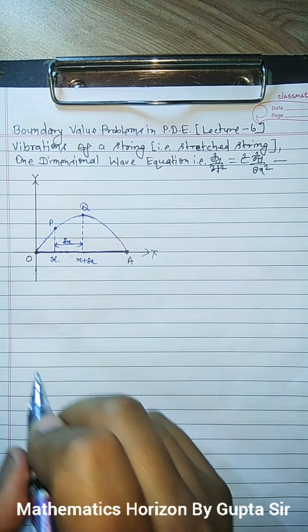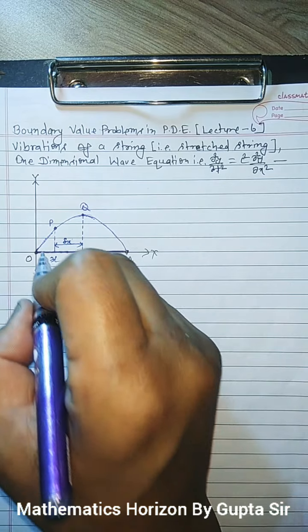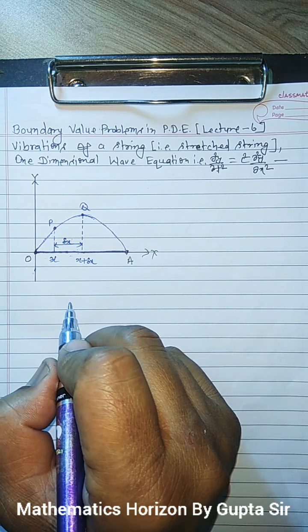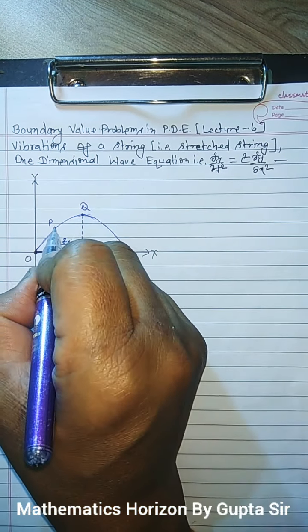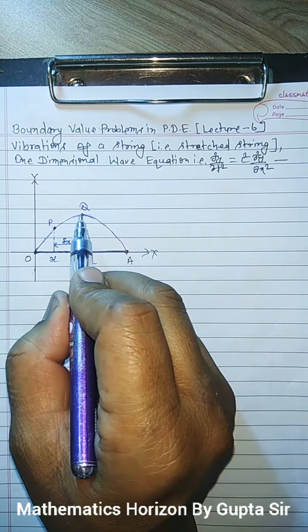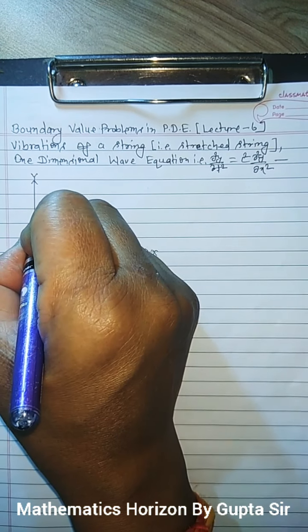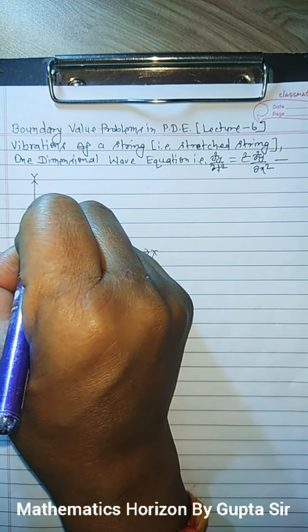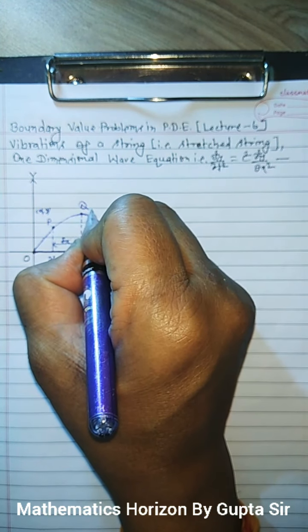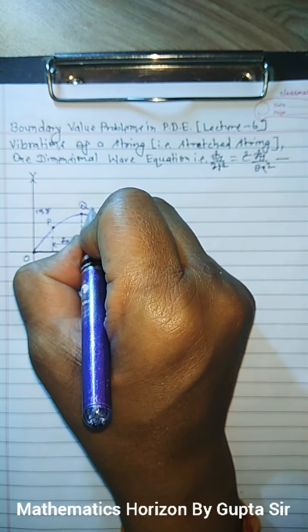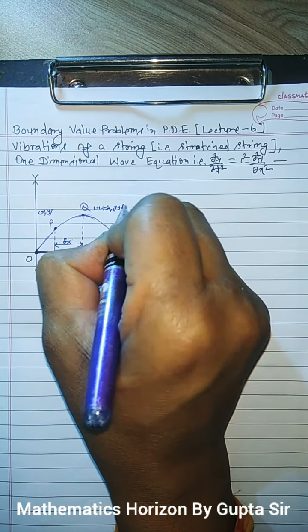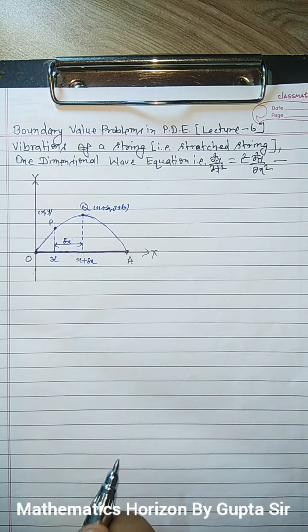Now the coordinates of this point P are (x, y), and the coordinates of this point Q are (x + del x, y + del y).